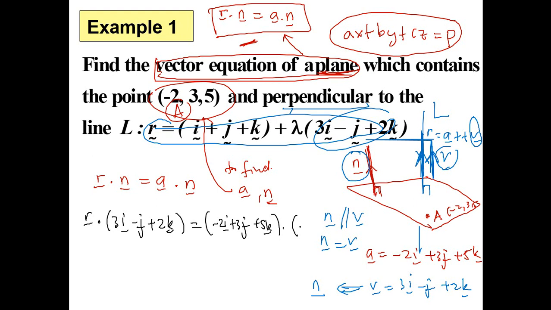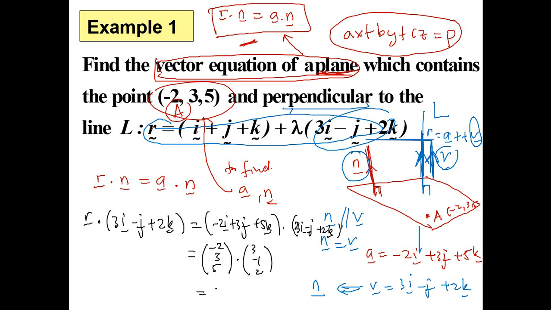n is equal to 3i minus j plus 2k. Change to matrix form: negative 2, 3, 5 dot 3, negative 1, 2. Find the dot product.